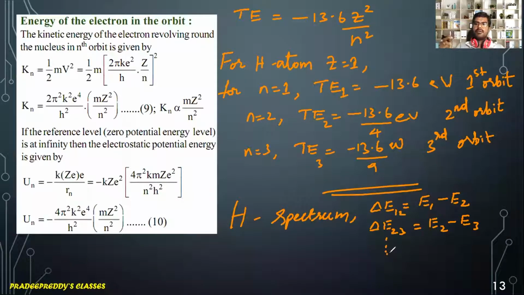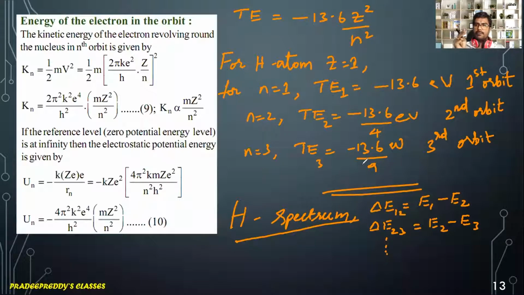Corresponding to such electron transition between the energy levels, radiations are emitted due to the transition of the electron, and that is said to be the hydrogen spectrum. And this happens not only for hydrogen, but for all elements. There will be some energy released whenever an electron is undergoing transition.